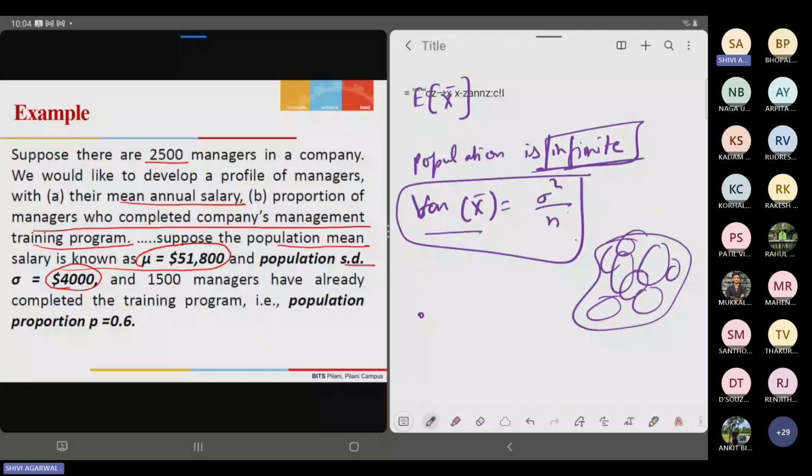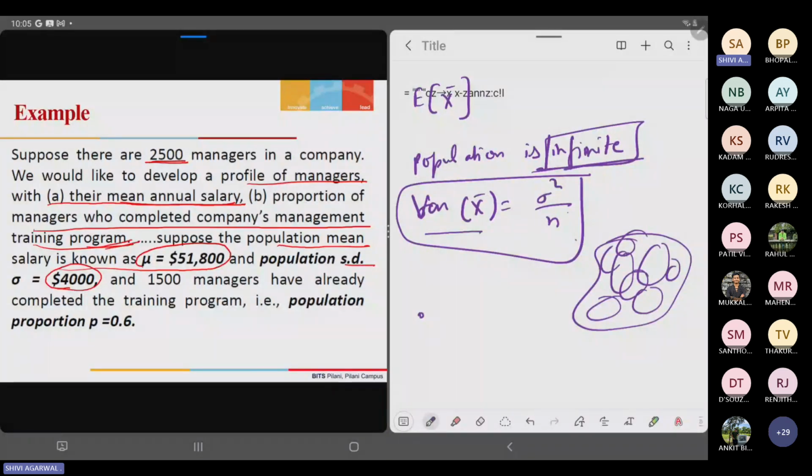So as I told you, 2,500 managers in a company, and we make a profile of managers with the mean annual salary and the proportion of managers who completed their training program.